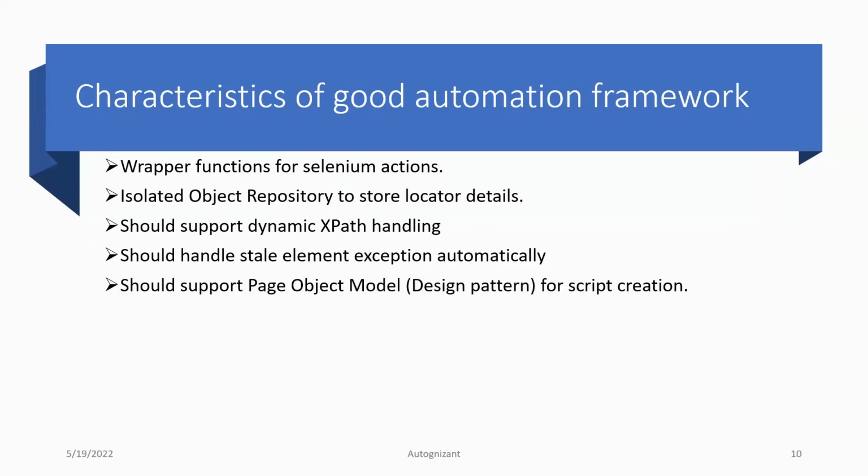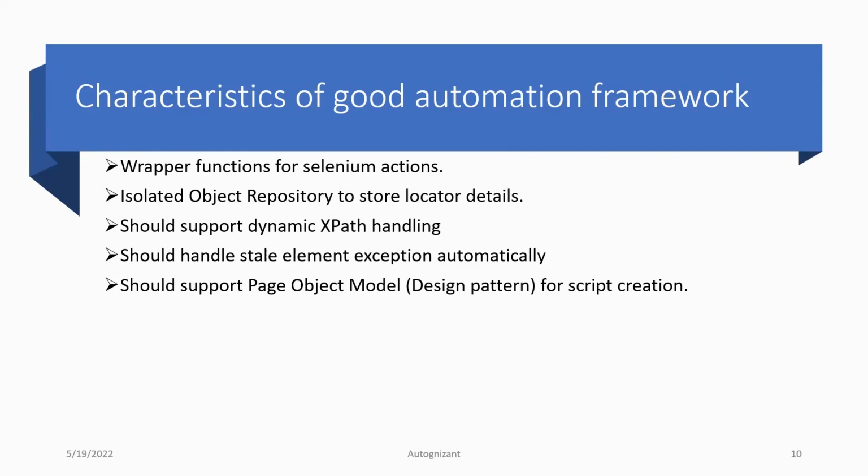The next point is the page object model design pattern for script creation. The page object model design pattern simply means that we need to create a separate Java class for each web page. In those classes, we will create the methods for performing operations on that particular page. For example, let us say we have a login page.